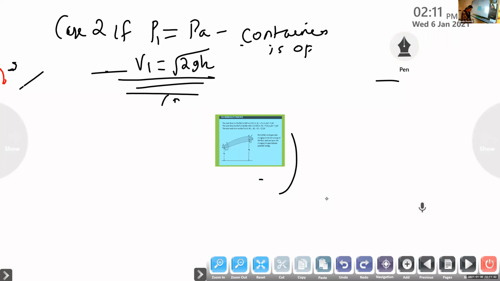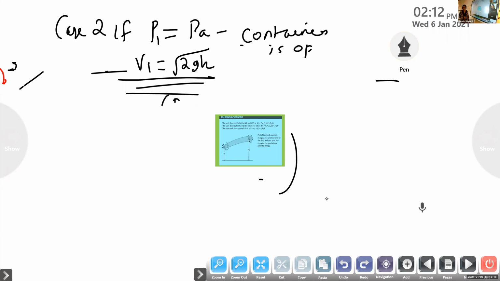Then write down: thus, the speed of efflux is identical with the speed of a freely falling body.